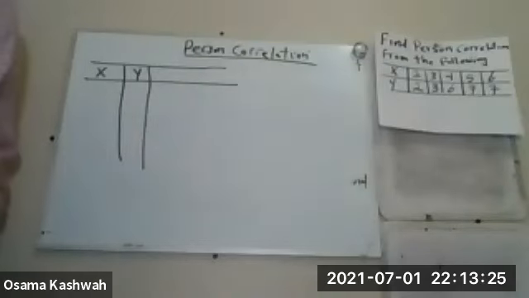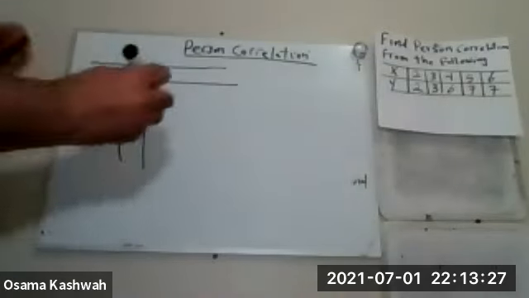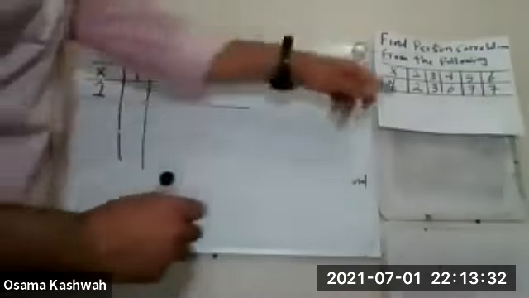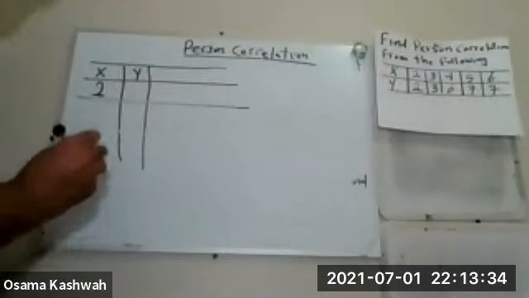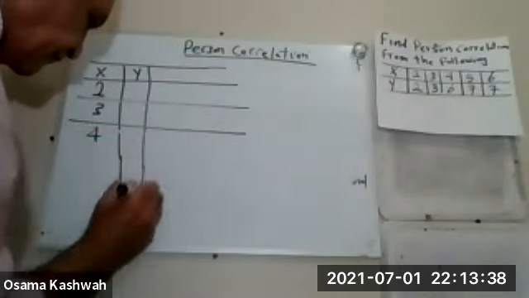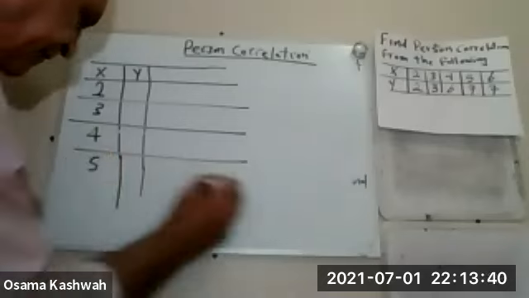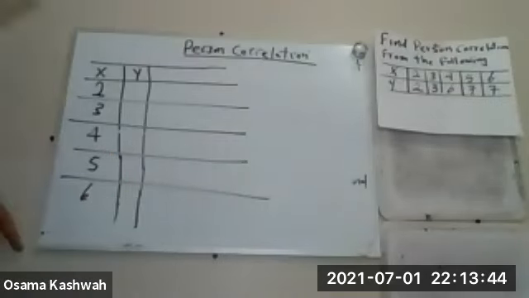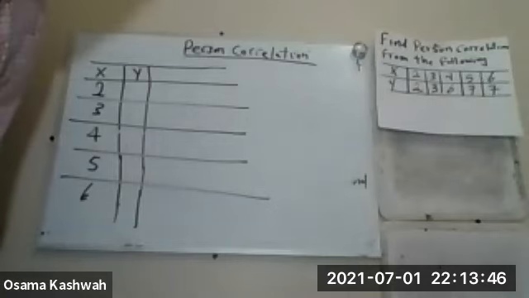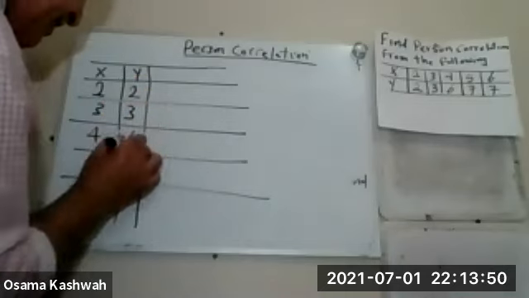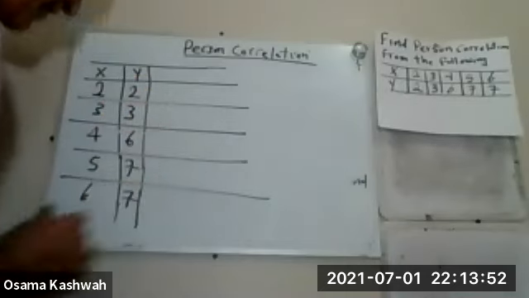The values of x are 2, 3, 4, 5, 6. And the values of y are 2, 3, 6, 7, 7.